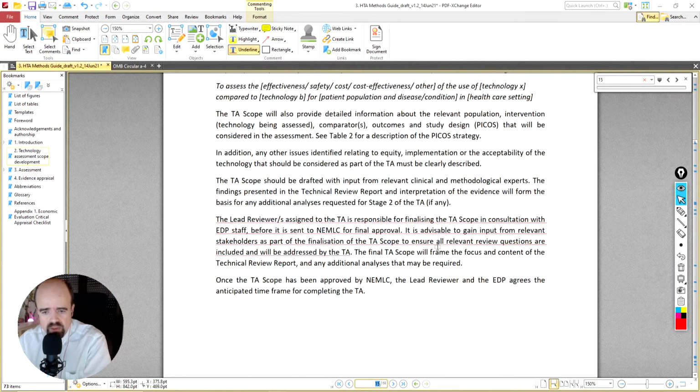Okay, there is an articulation or noting of who would be involved internally in processing and putting together the technical assessment and the appraisal and final recommendations. A lead reviewer assigned to the TAs is responsible for finalizing the TA scope in consultation with the EDP staff, the National Essential Medicine List Committee, and relevant stakeholders that would be involved.